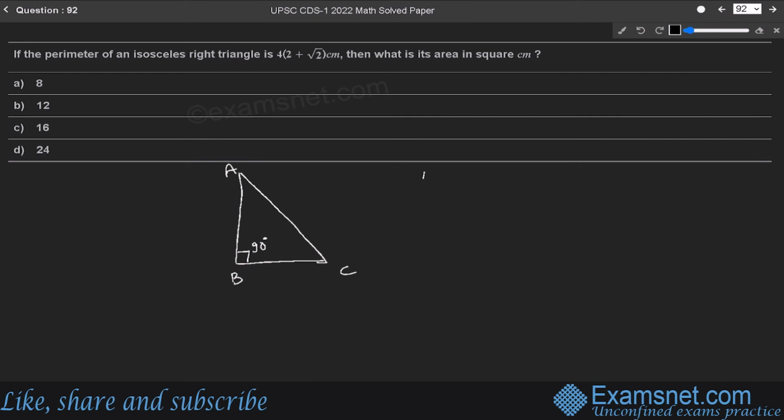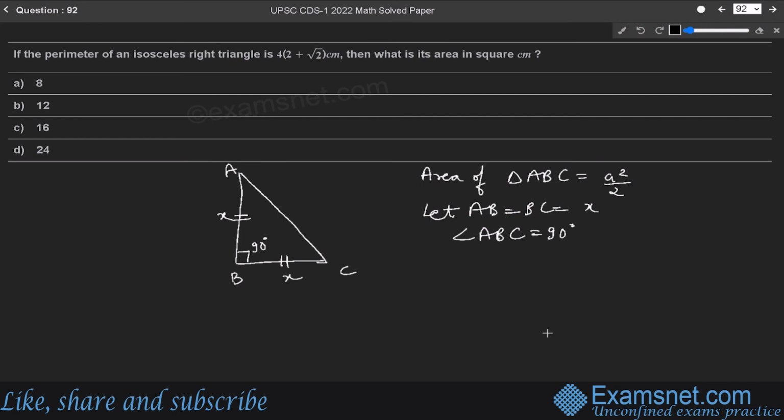Now, we also know that the area of right angled triangle ABC, which is isosceles, will be a square upon 2. And since it is an isosceles triangle, two sides of the triangle will be equal. So let AB equal to BC equal to X. So let these sides be X. And we know that angle ABC is equal to 90 degree.